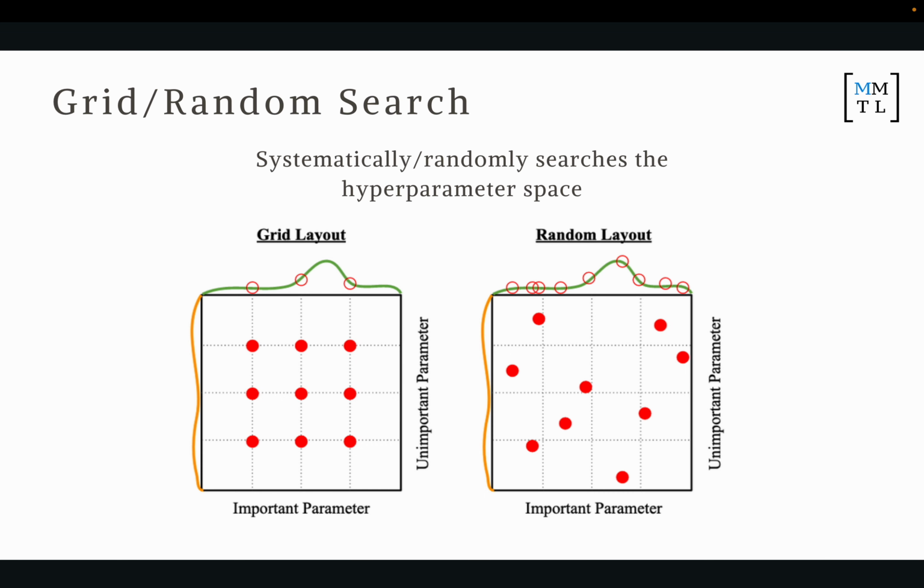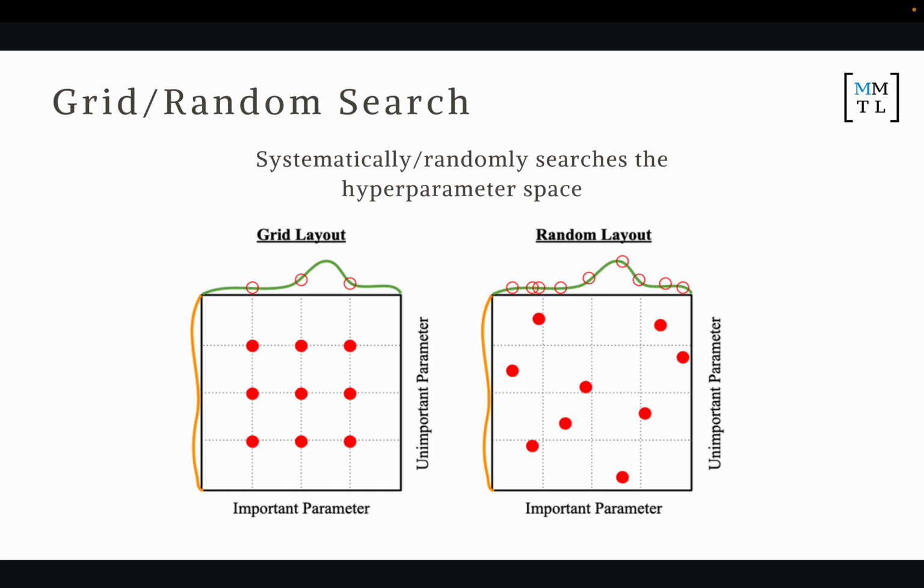Some of the techniques we've come up with to deal with this are called grid or random search, which is when we systematically or randomly search the hyperparameter space for important parameters, okay? As a human, you still have to define this. It's like, I want to try a small learning rate of 0.001, and I want to try a large learning rate of 1.